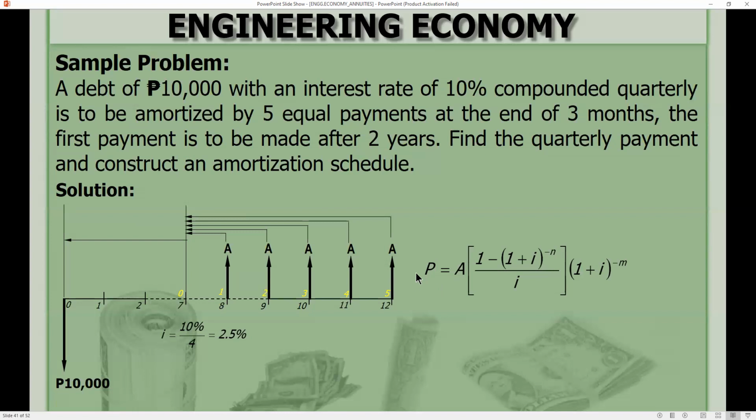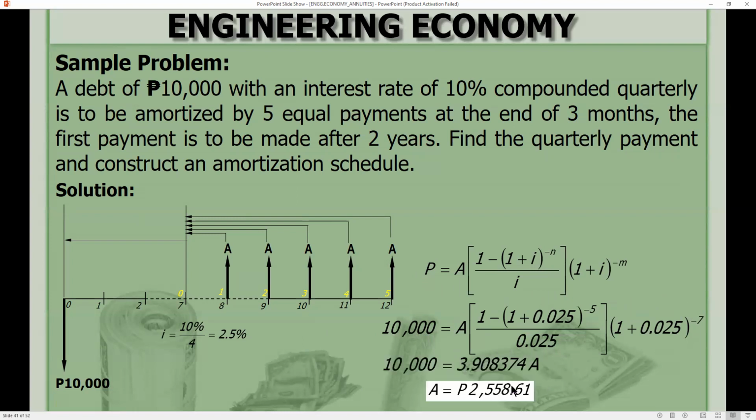So you solve for A given P. Just compute this one, multiplied by this factor, and then divide the result by 10,000. So A is 2,558.61. Try to remember this value: 2,558.61. The debt is 10,000.